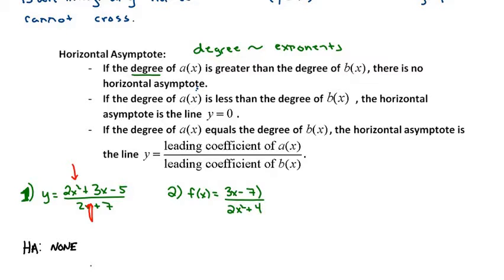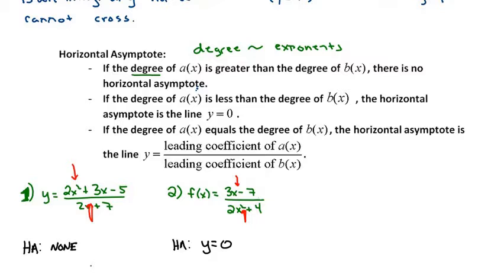If you have an example that looks like that, basically what ends up happening is the degree of the top is 1, and the degree of the bottom is 2. The bottom is bigger, so the horizontal asymptote for this example is y equals 0.